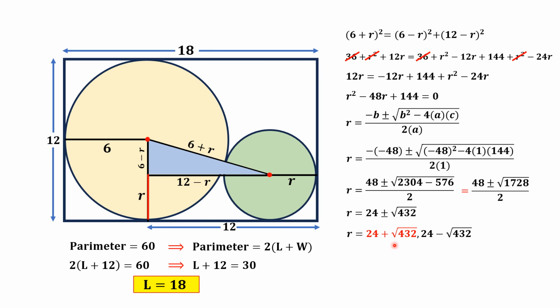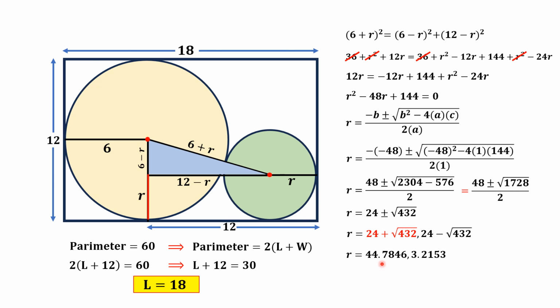If we use a calculator to find the precise values, r will give 44.7846 and 3.2153. If we analyze these two values, the length of this rectangle is 18 units and this radius is some portion of that rectangle.